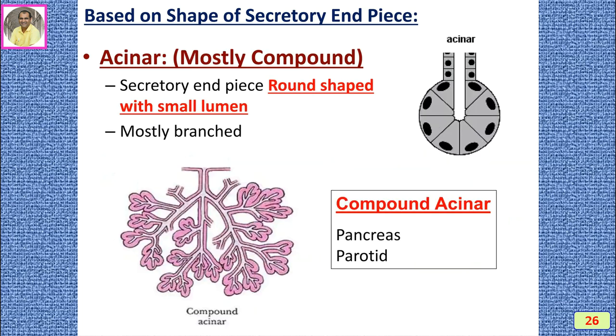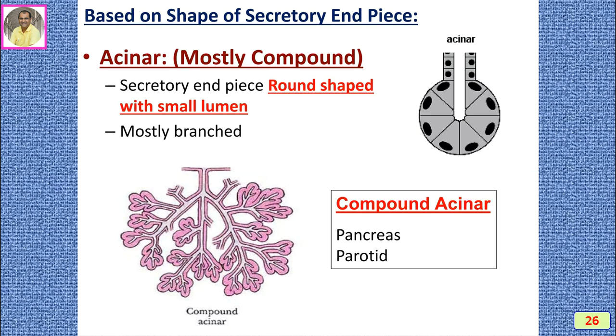Then, acinar glands are mostly compound glands with a secretory piece of round shape with a small lumen, and mostly these are branched, also called compound acinar glands. The examples of this are the pancreas and also the parotid salivary gland.